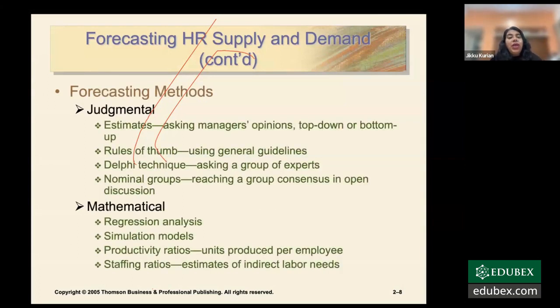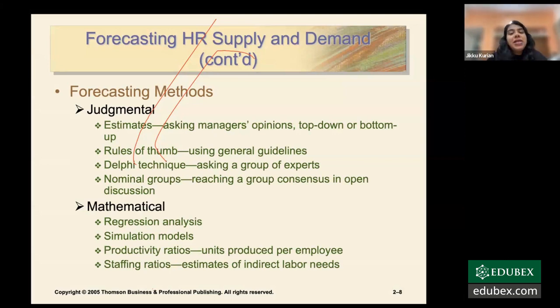Now we have certain forecasting methods. First one is the easiest method, that is the judgmental method, where the estimates are based on the opinions of the managers, top down or bottom up.